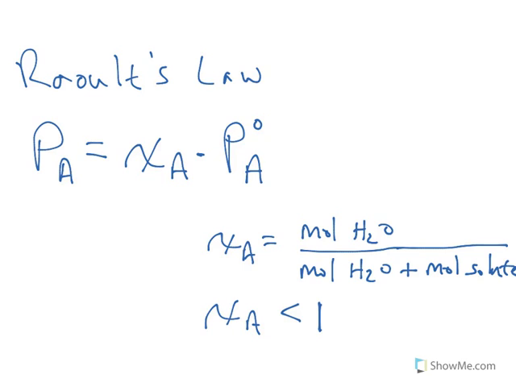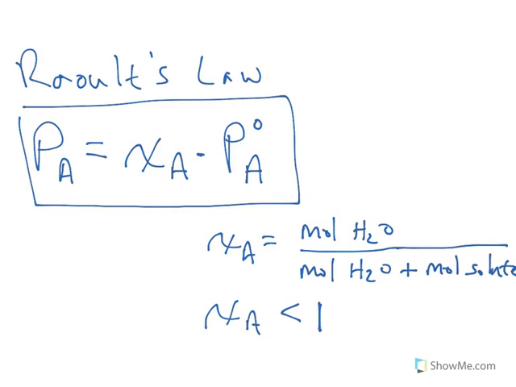So you're multiplying your pure solvent pressure by a number less than 1. You're now going to have a partial pressure of A that is lower than the original solvent partial pressure. It's a clever little law, and you can use it to calculate the actual new vapor pressure of the solution. And I want to work through that example.